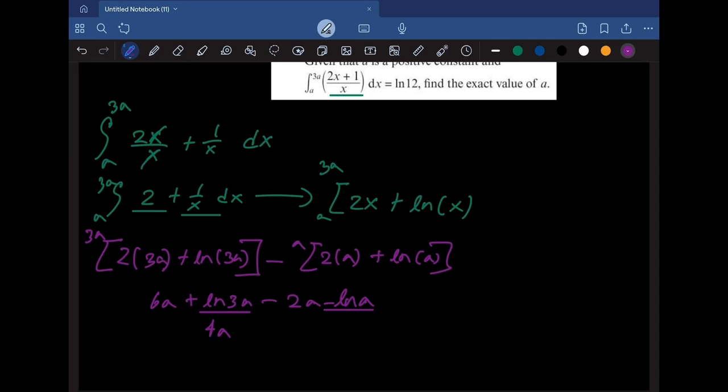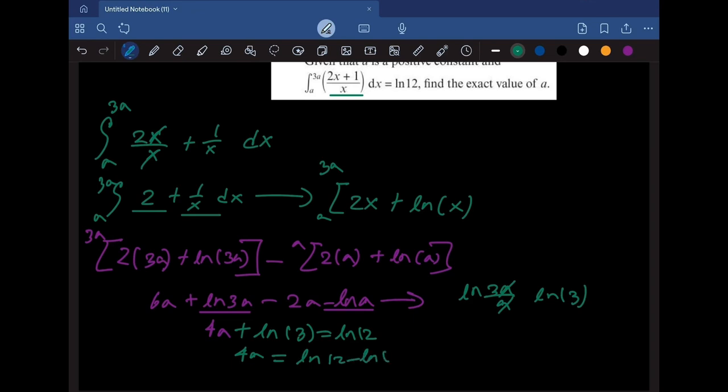So it is ln 3a by a, which becomes ln 3. So we can write 4a plus ln 3 is equal to ln 12.